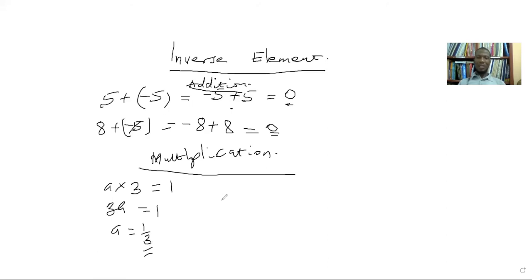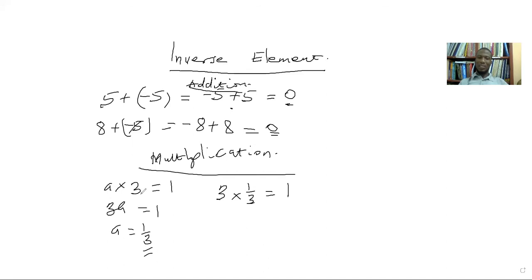So that means that 3 times 1/3 should give us 1, which is our identity element under multiplication.